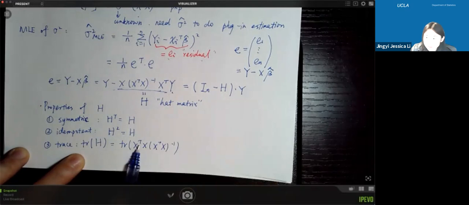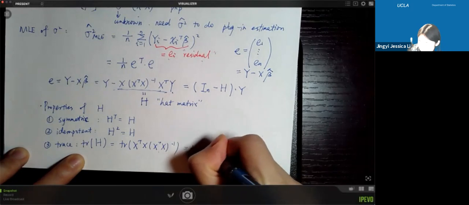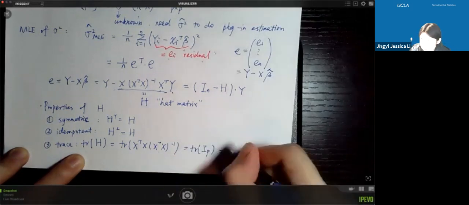Now we have cancellation. Because X transpose X is a p-dimensional matrix, times its inverse we get an identity matrix with p dimensions. So clearly the trace is just p.